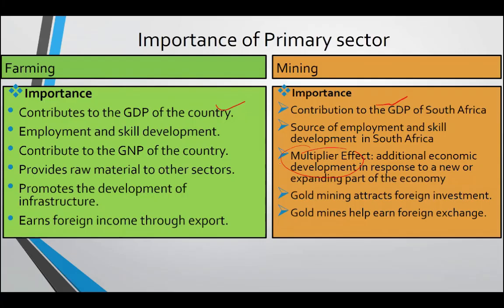Somebody who's producing milk is going to turn milk into cheese or yogurt. Somebody else must manufacture the packaging, and somebody else must also do the labeling of all the products that will be packaged. So that is a multiplier effect. When one company or one industry leads to the development of another industry, that is what we call a multiplier effect. And that multiplier effect is going to result in job creation and improvement of the economy.